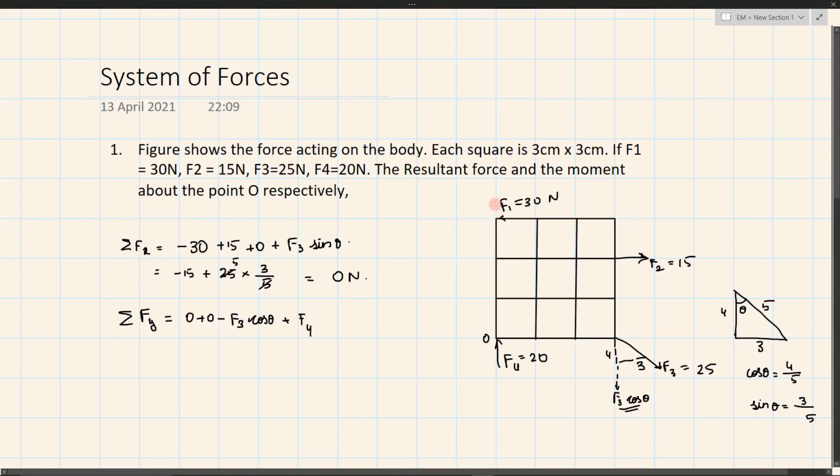This is the coordinate system we're choosing here. So the answer is minus 25 into cos theta, 4 by 5, plus 20, which is minus 20 plus 20, equal to 0 Newton.